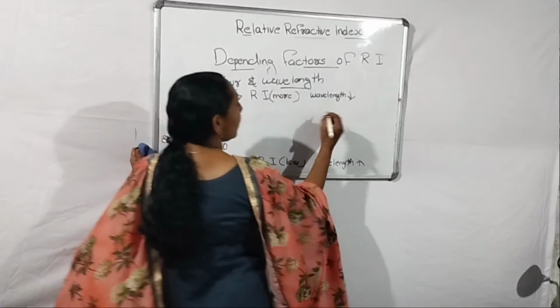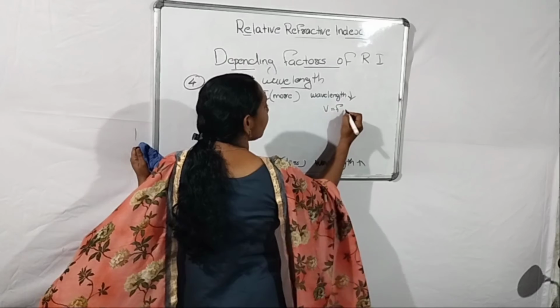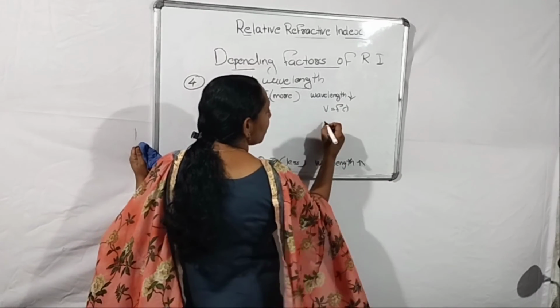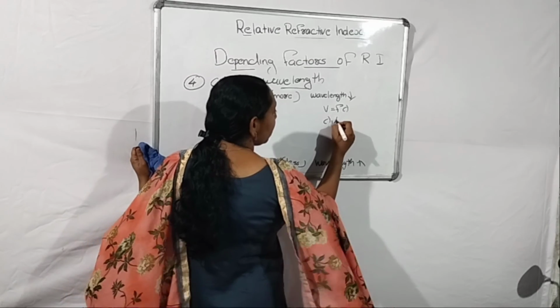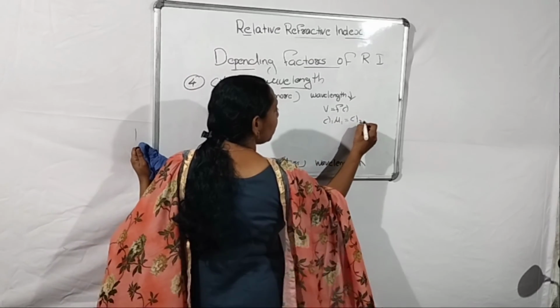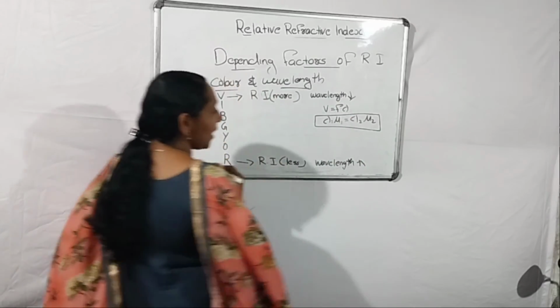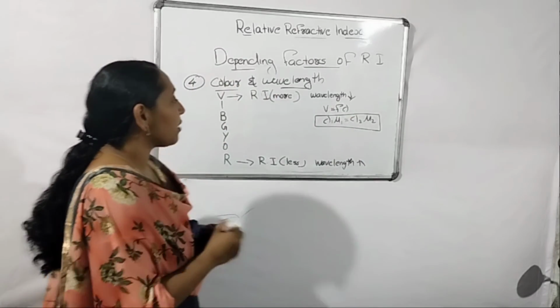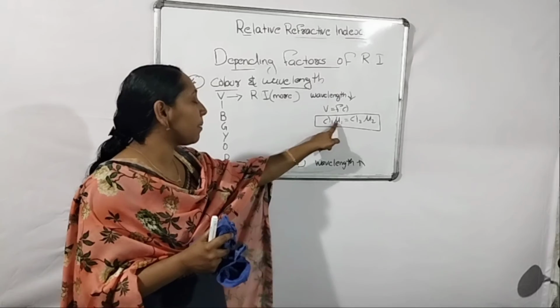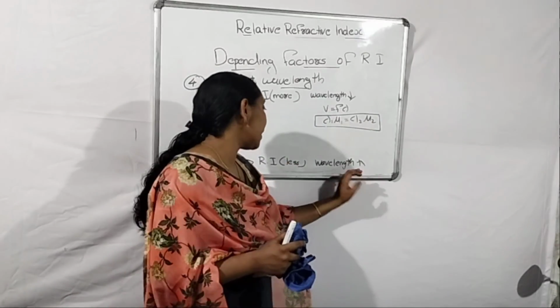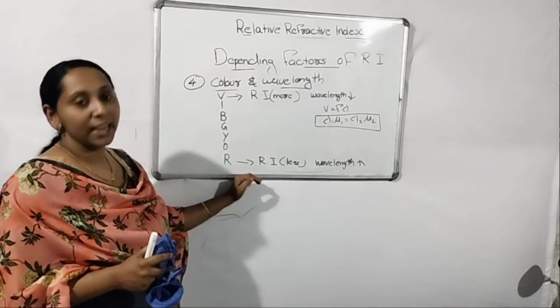The reason we already studied, v equals f lambda. So lambda 1 mu 1 equals lambda 2 mu 2. This is the expression of relative refractive index. The reason is that when refractive index increases, wavelength decreases; when refractive index decreases, wavelength increases.